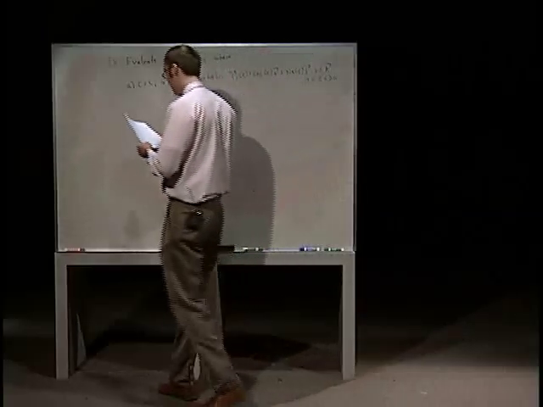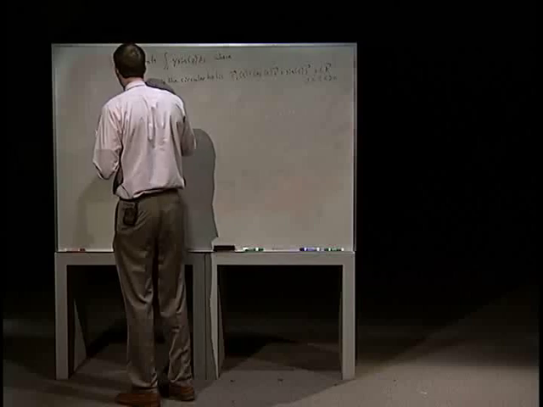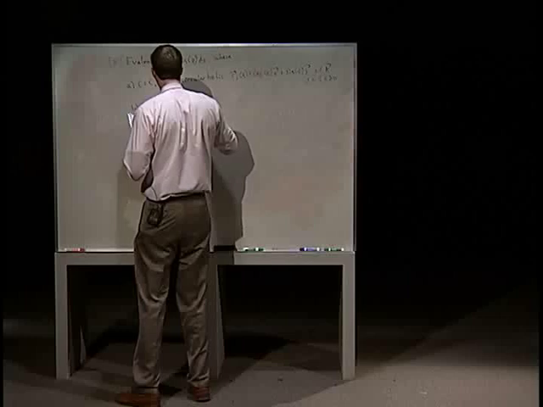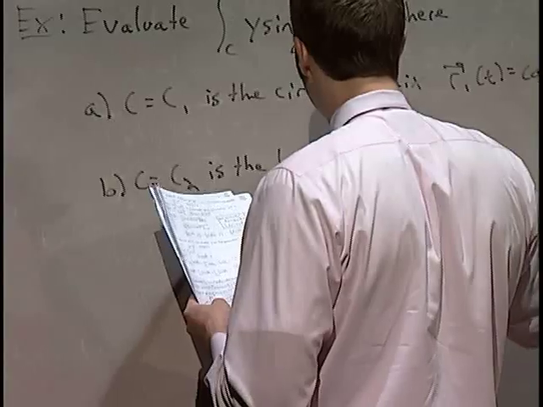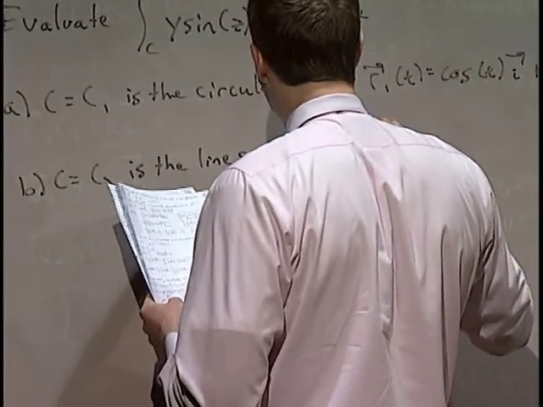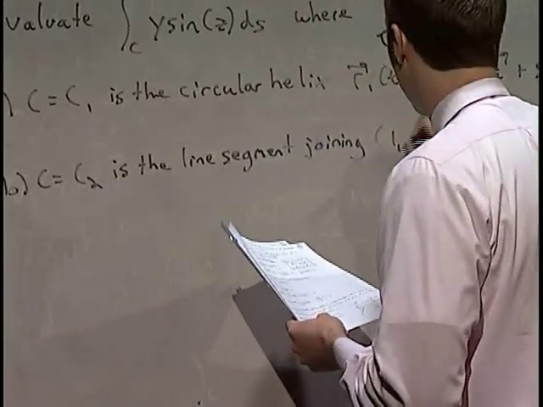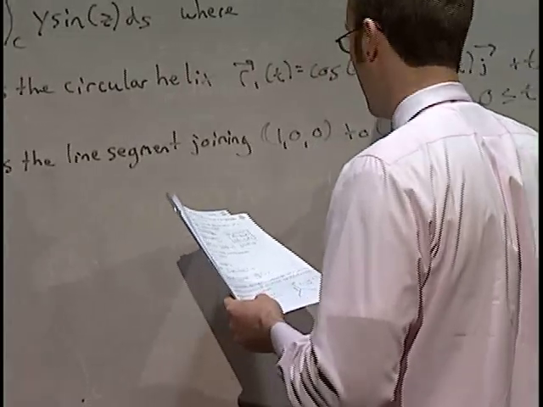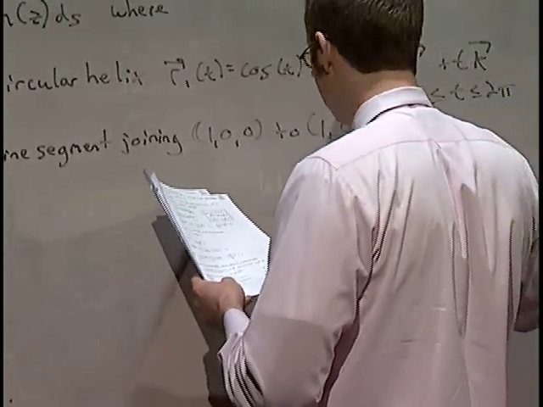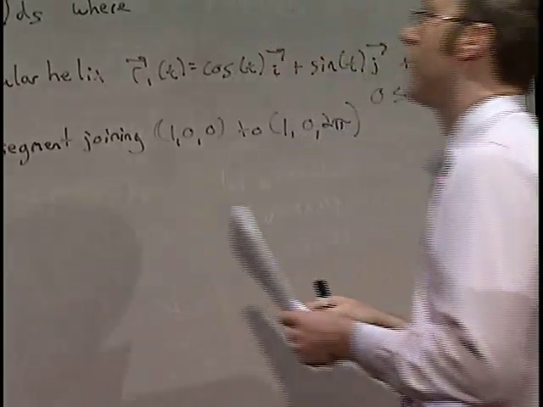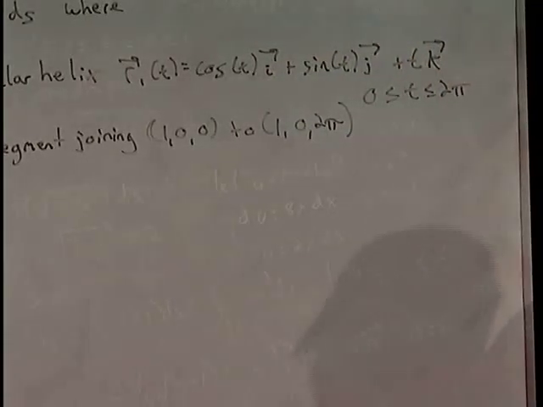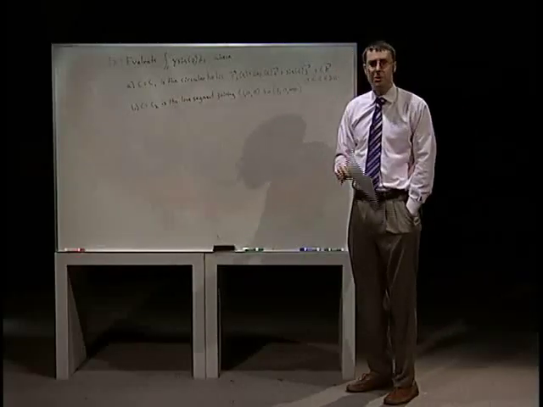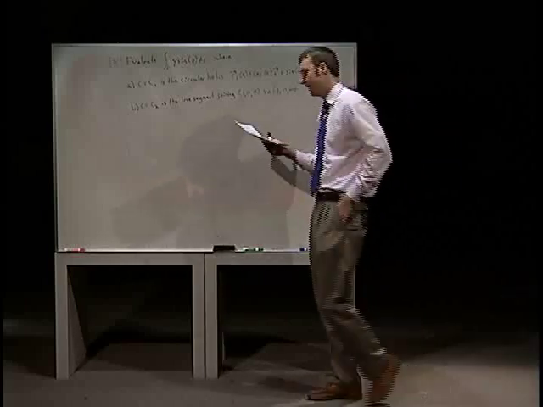And then secondly, let's have C be the line segment joining the points 1, 0, 0 to 1, 0, 2 pi. Okay. So now notice this is not two pieces of one curve, it's two separate paths I'm taking.